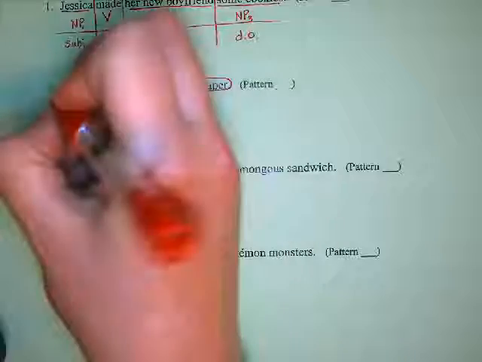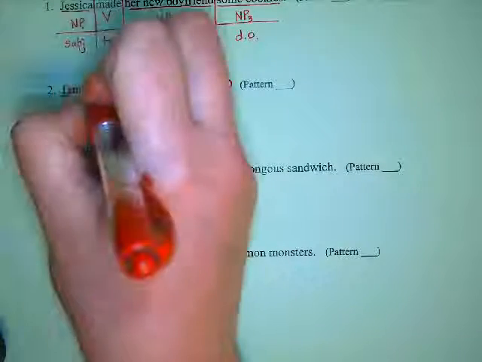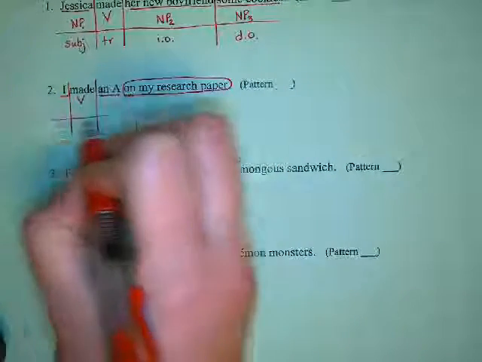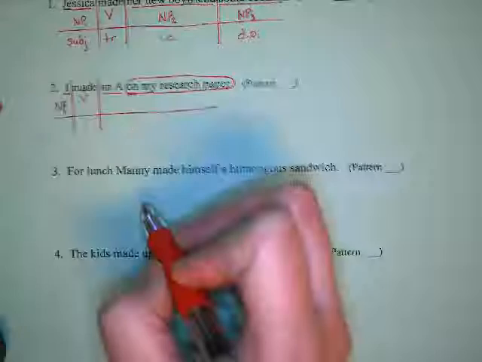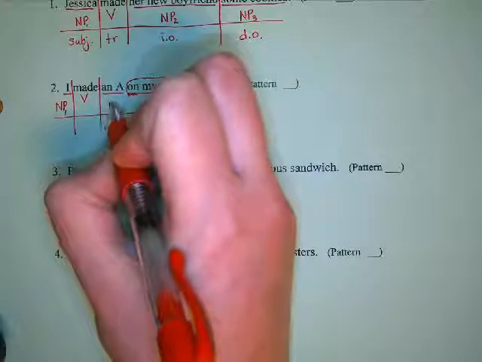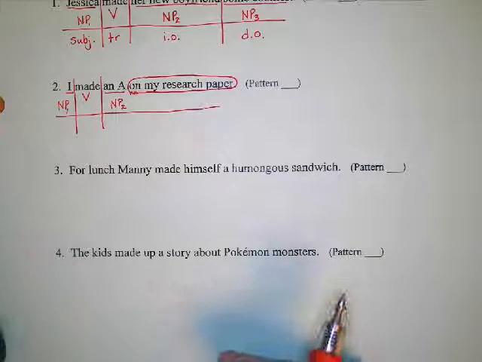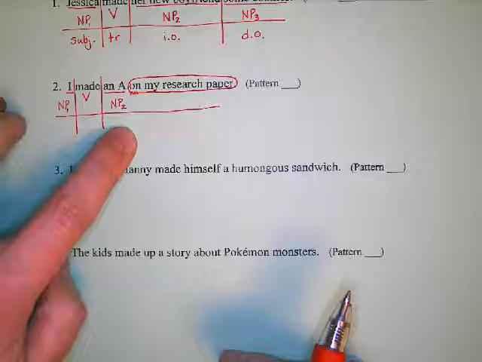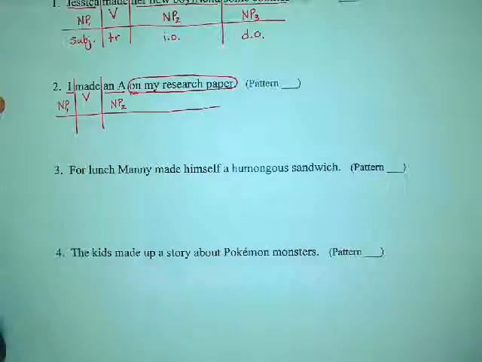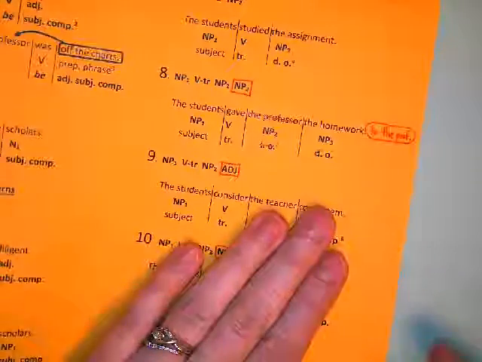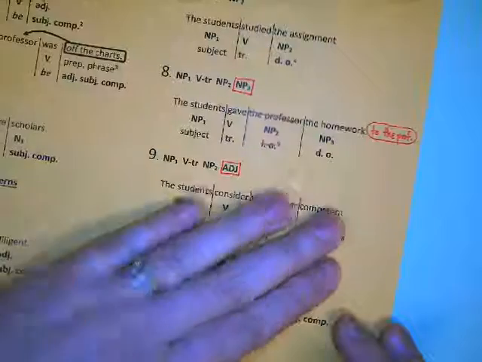So sentence-wise, draw our lines, and then we'll go all the way across the top row. So I is our first thing, and A is a different thing than that sort of like first person pronoun speaker there. So I am not the same as the A. And so on my research paper, we said is a prepositional phrase. So bottom row, we don't have 9 yet, so we don't have to worry about it being an adjective that's a redefinition.